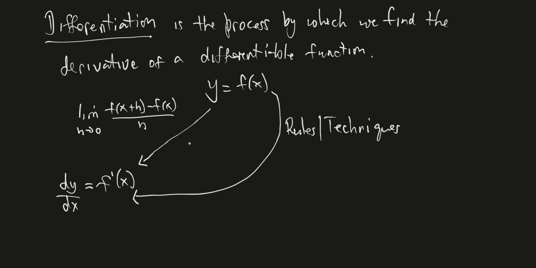So on one hand, we can use the limit, and then on the other hand, we're going to develop some rules. Now, these are not completely separate. In order to come up with these rules, we are going to make reference to this limit over and over and over again, right? So it is meant to emphasize the importance of the limit definition of the derivative.